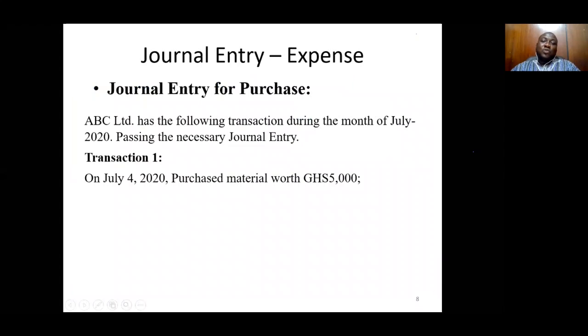Some examples of journal entries. ABCD Company Limited has the following transactions during the month of July 2020. In passing the journal entry, on July 4th, 2020, the company purchased material worth 5,000 Ghana cedis.